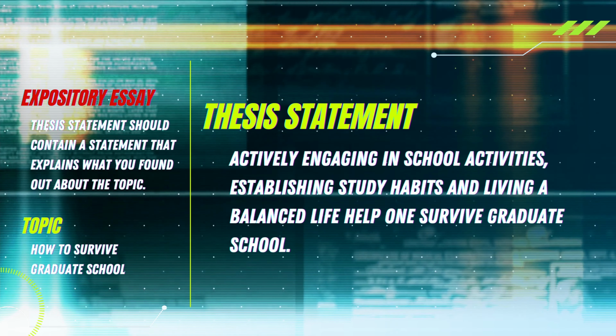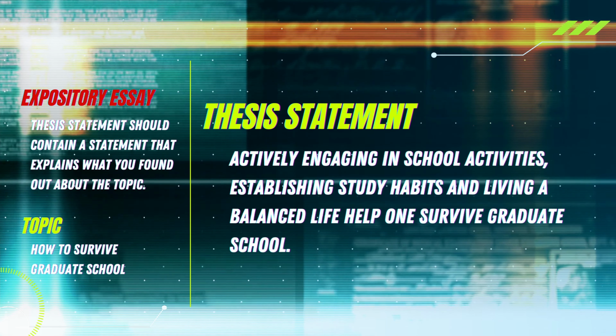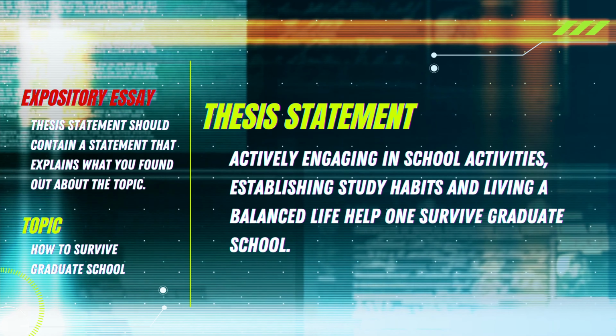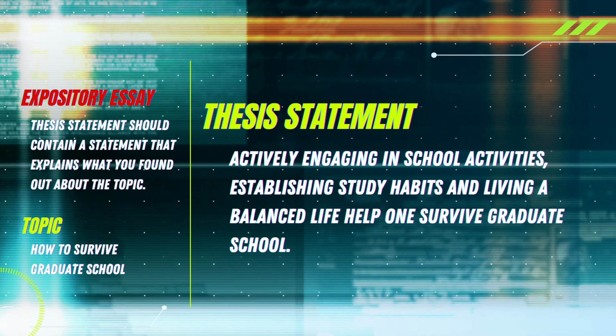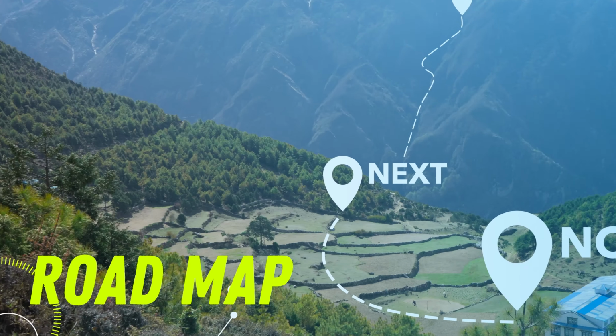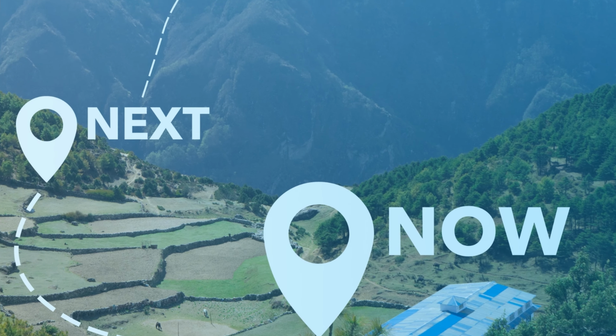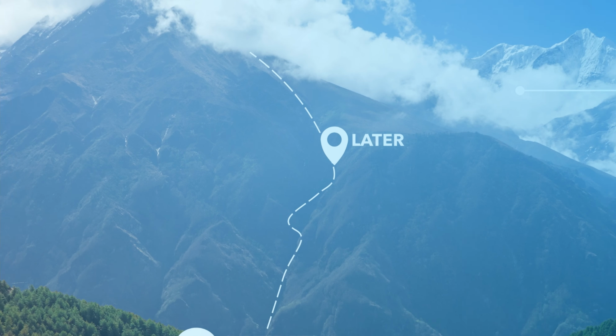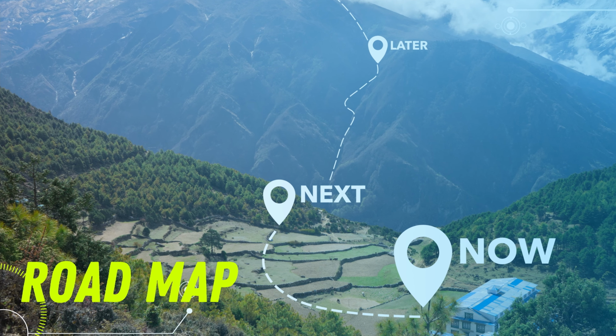The first paragraph will talk about actively engaging in school activities, the second, establishing study habits, and third, living a balanced life. So, in a thesis statement for your expository essay, you want to provide kind of a roadmap for your readers so that they can have an overview of your outline.